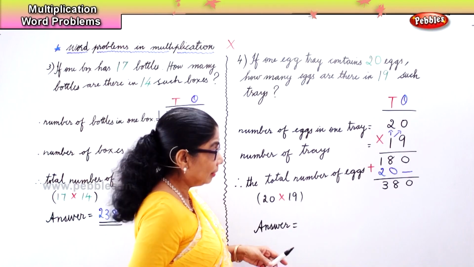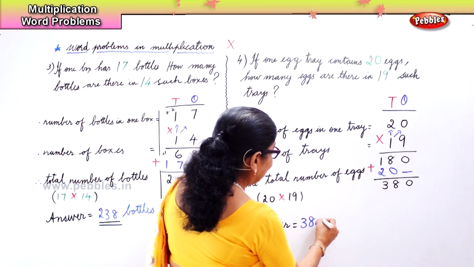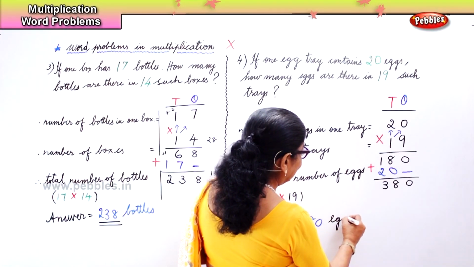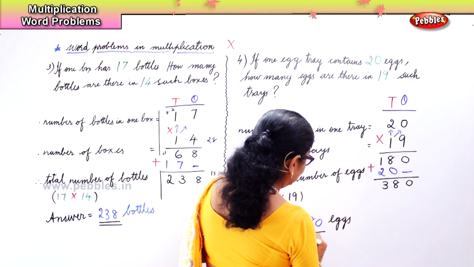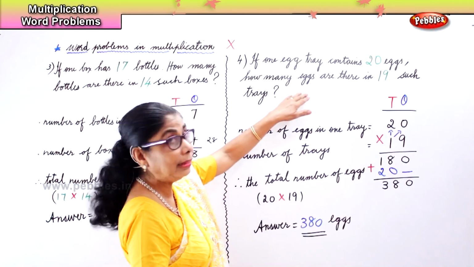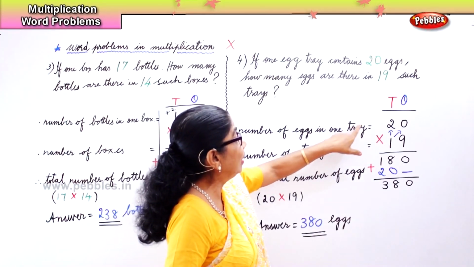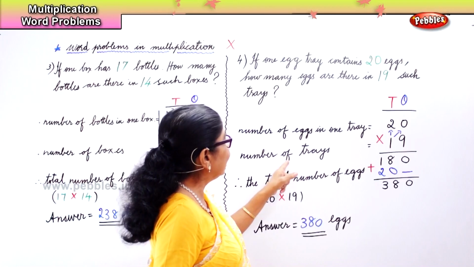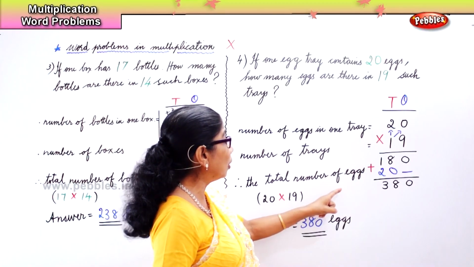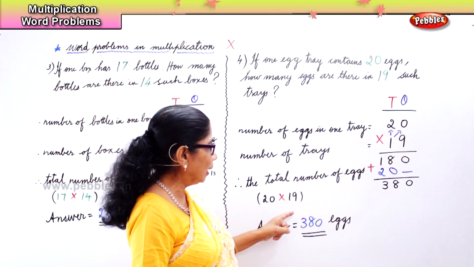You have 380 eggs. That's your answer. What did we do first? First, we read the problem. Then we wrote the statement. Number of eggs in one tray, 20. Number of trays, 19. Therefore, total number of eggs in 19 trays is 20 into 19.